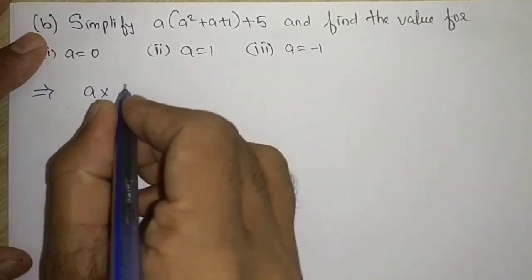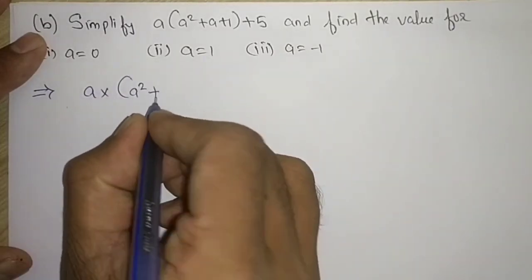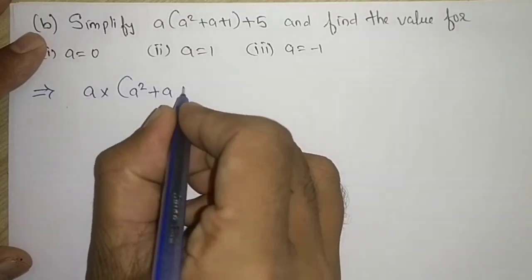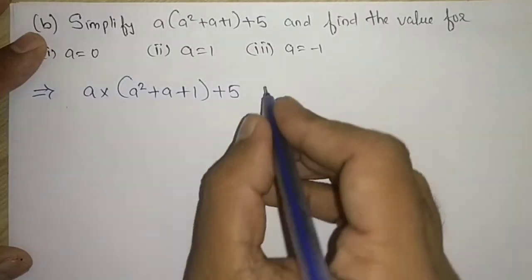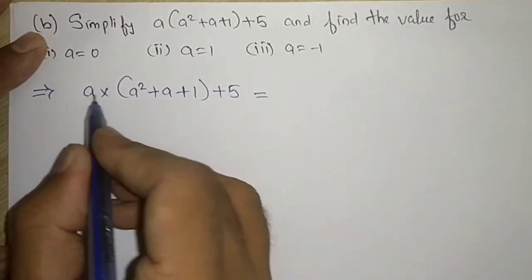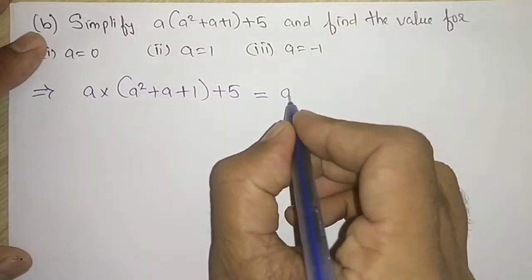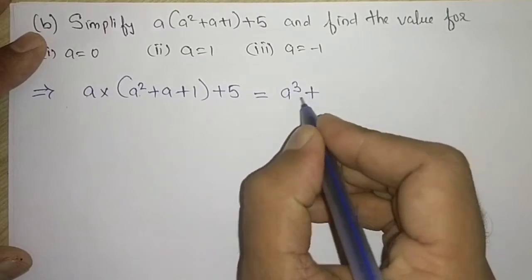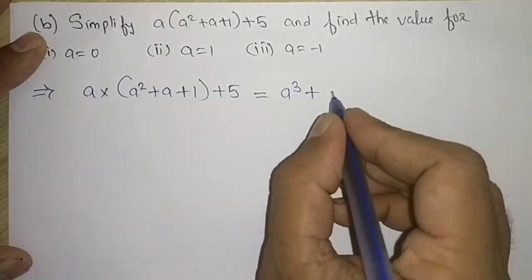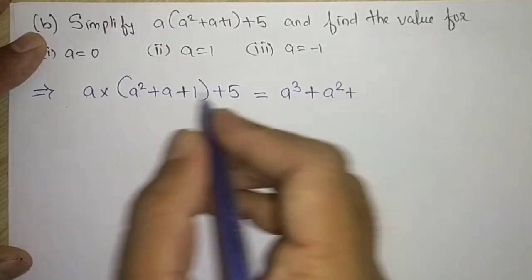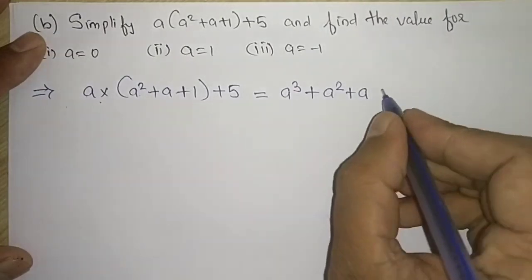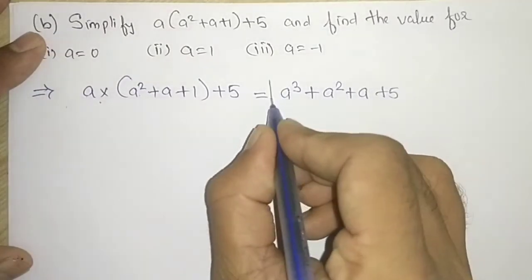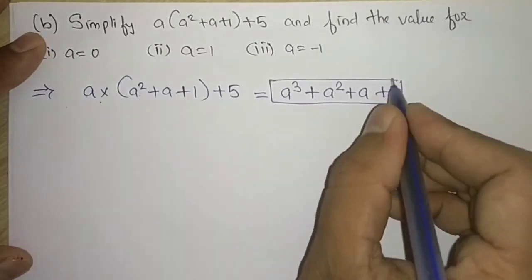So A multiplied by A square plus A plus 1 and then plus 5 will give me A into A square will be A cube, plus A into A will be A square, plus A 1 is A, and then plus 5. This is our simplification.